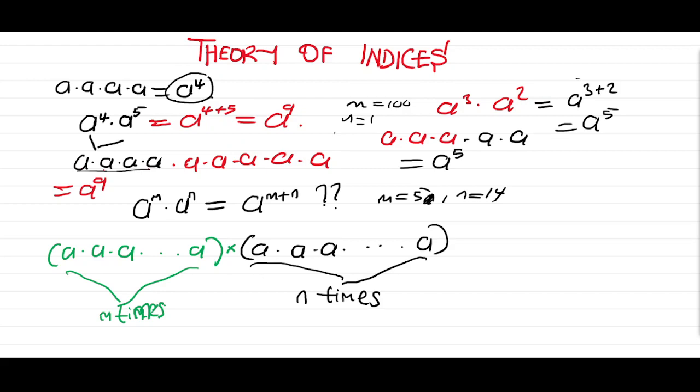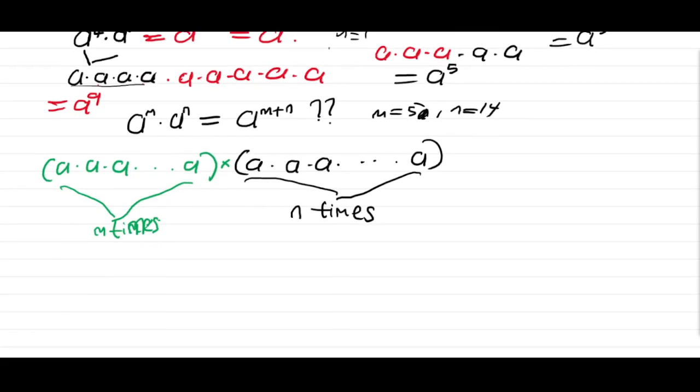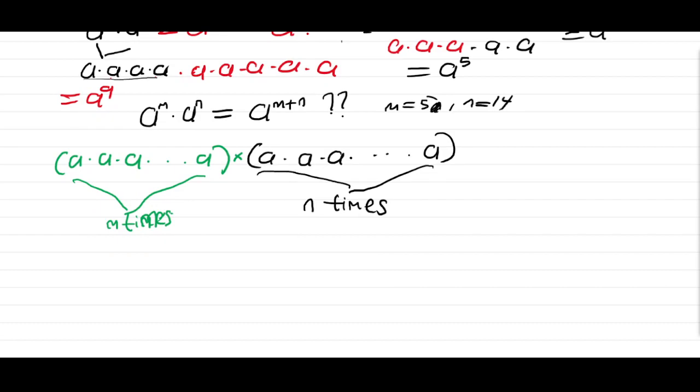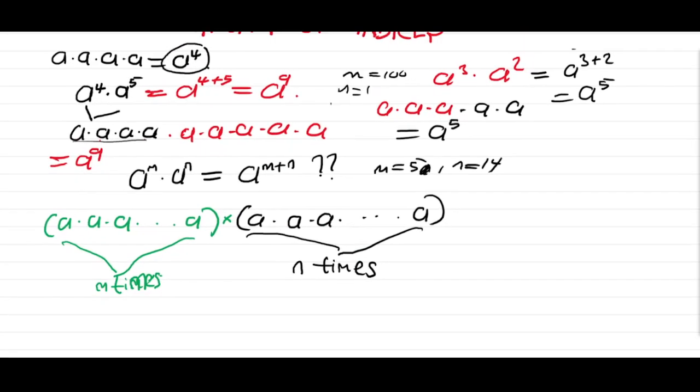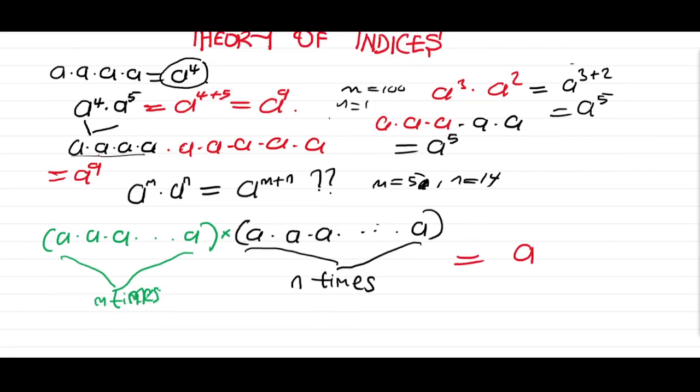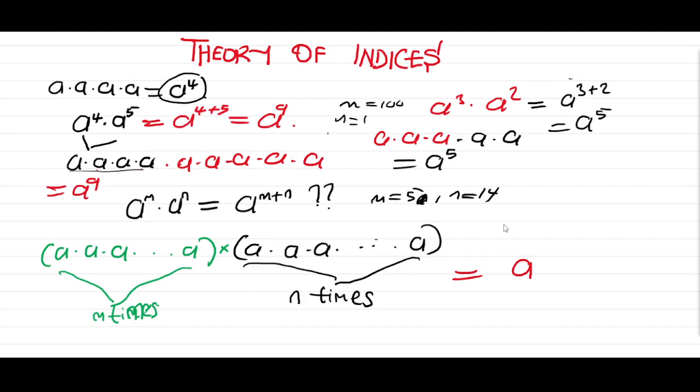Now when we consider this, here we have all of them being equal to a, so the end product should be in this form: a, but then the power should be how many a's appear here.